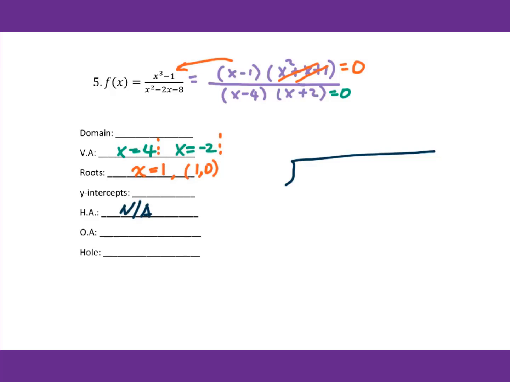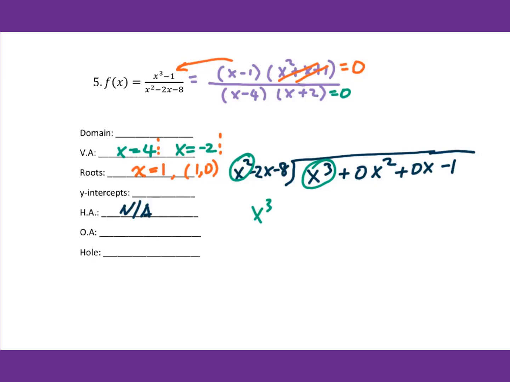Oblique asymptote line, we have to do long division or synthetic division. Let's check long division. No missing term. x third plus 0x squared plus 0x minus 1, divided by x squared minus 2x minus 8. We just need the first term. So you will get x.